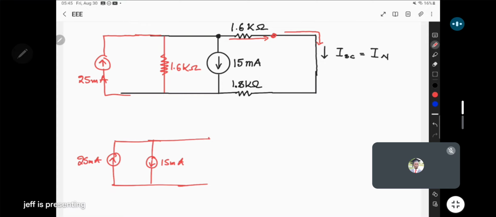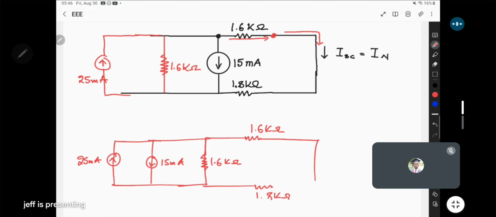And then here we have the 1.6 kilo ohms. Then here 1.6 kilo ohms. Then here 1.8 kilo ohms. The one that comes here is our I short circuit.